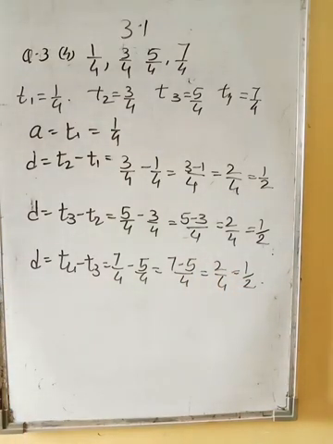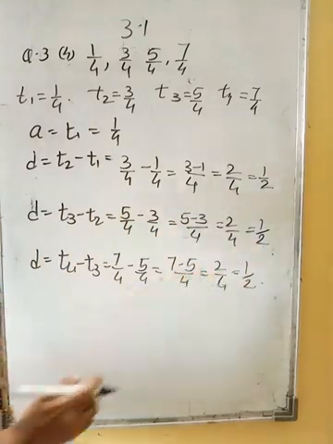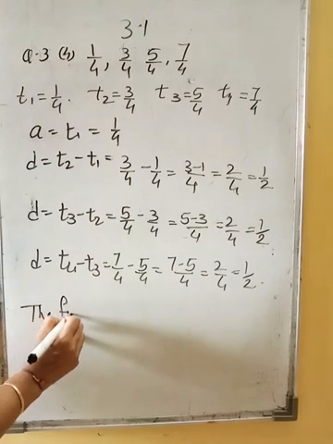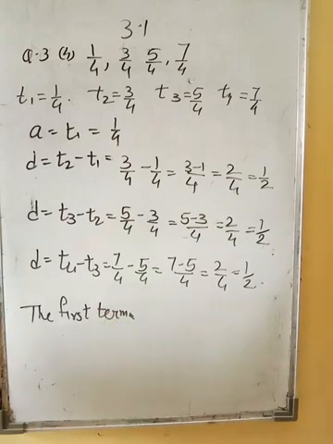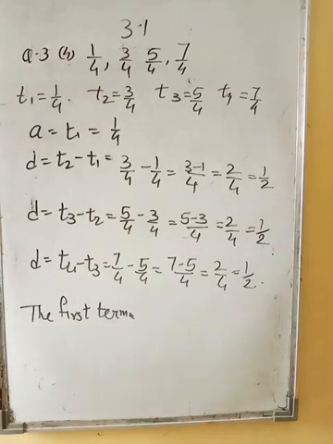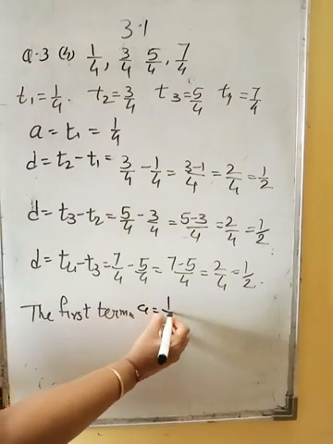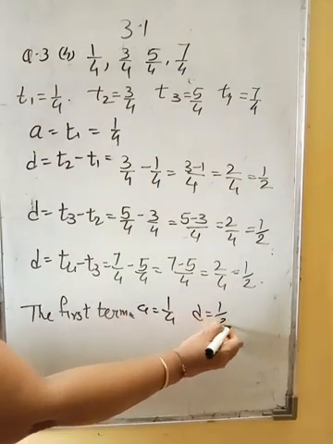So in all the cases, children, you got the common difference as half. So let us write down the first term: A is equal to 1 upon 4 and common difference is 1 upon 2.